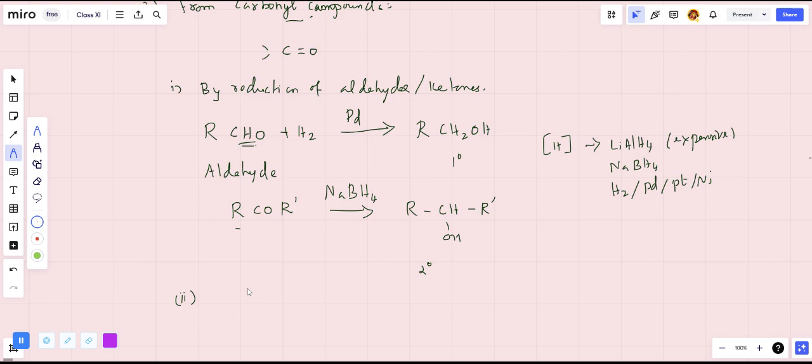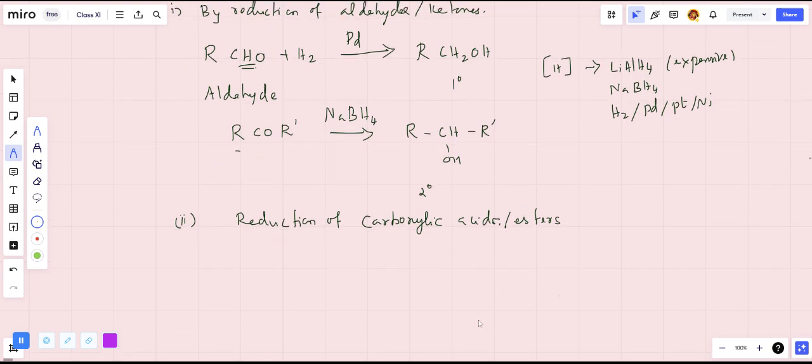Then reduction of carboxylic acids also gives alcohol. Not only carboxylic acids, esters also. On reduction we will get alcohol, whether primary or secondary.